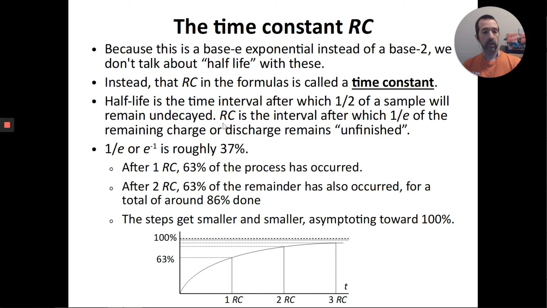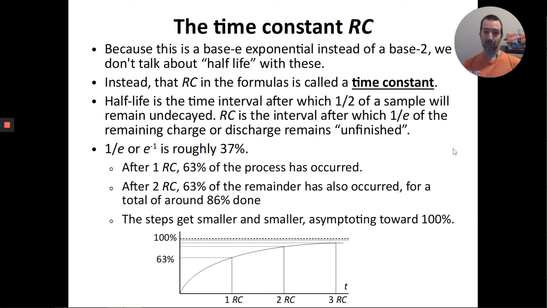Similarly, after a time RC has elapsed, you are left with 1 over E of the process that's going to occur. So instead of having 1 over 2 of your atoms remaining, you have 1 over E of your change remaining. I know that that doesn't feel really intuitive.